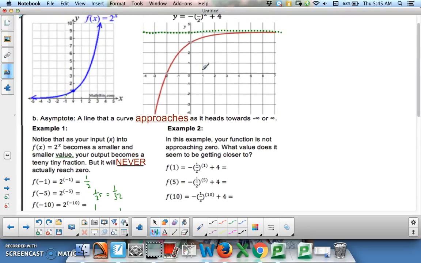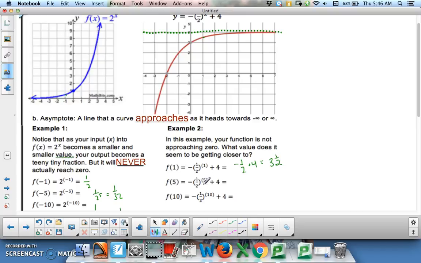So if we plug in 1, then we should be landing about right here. Okay, so -1/2 to the 1 power is just -1/2, plus 4 is 3 1/2. Well, 1, 3 1/2, that looks about right.